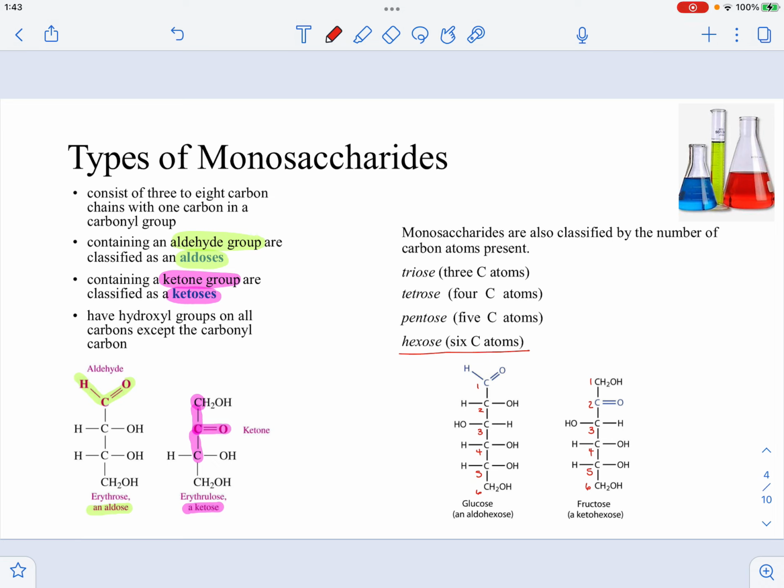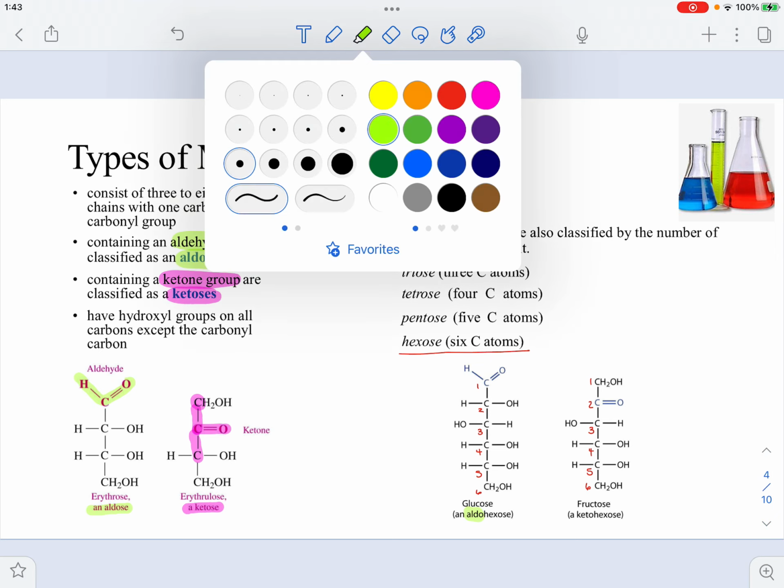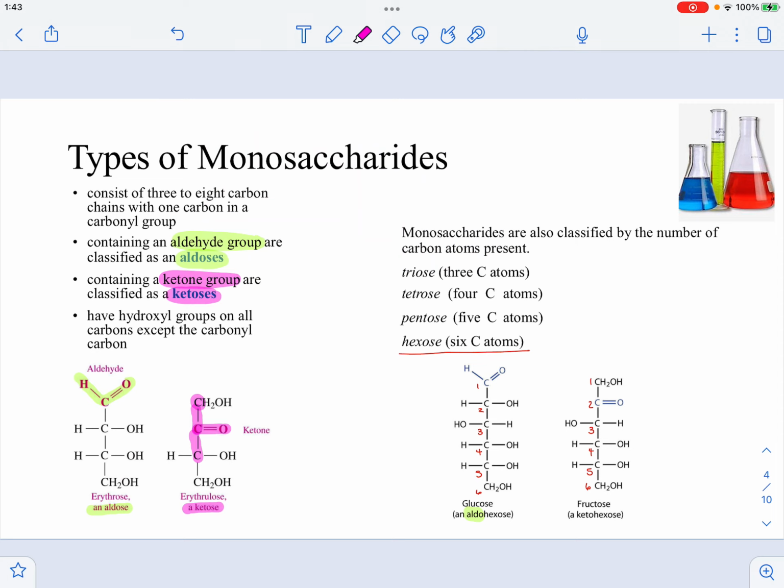Before the word hexose, pentose, tetrose, or triose, which determines the number of carbons, you can put aldo for an aldose sugar or keto for a ketose sugar, and that's how you incorporate both classifications in one name.